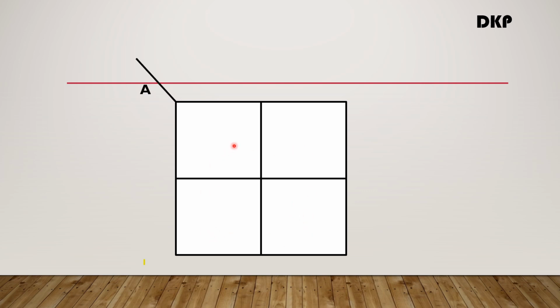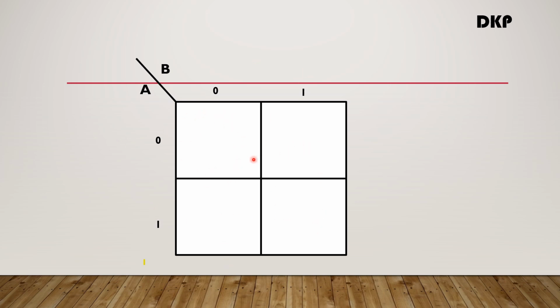The variables are A and B. There are 2 columns, that is 0 and 1, 0 or B bar, 1 or B, and 2 rows in this K-map, 0 or A bar, 1 or A. 2 columns and 2 rows.